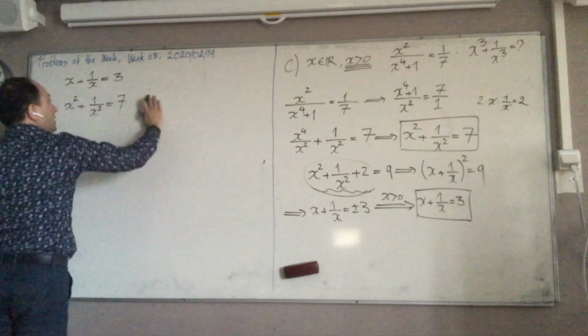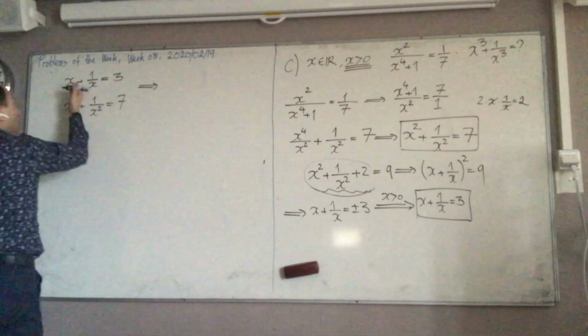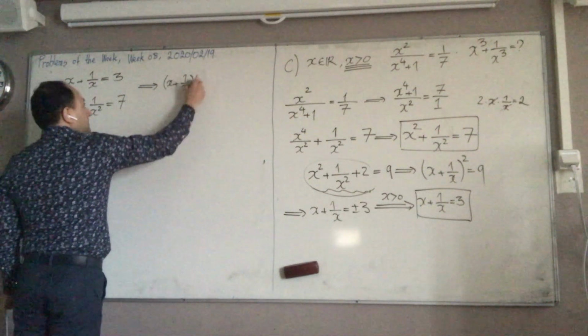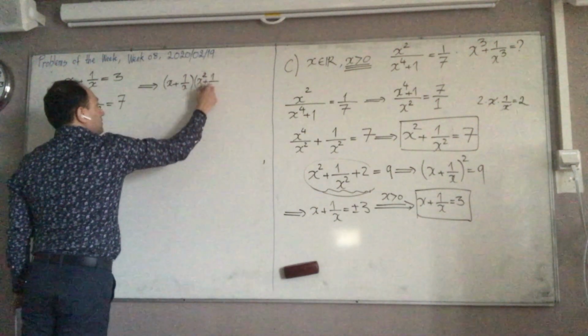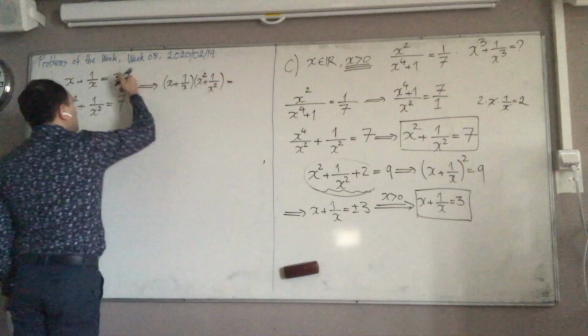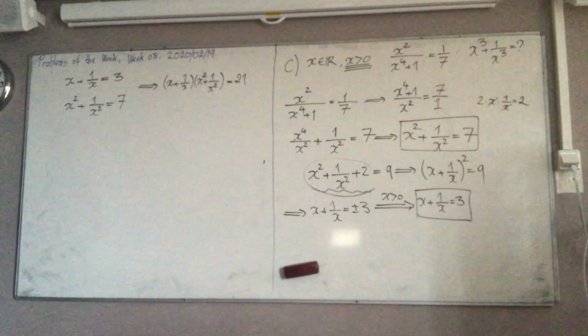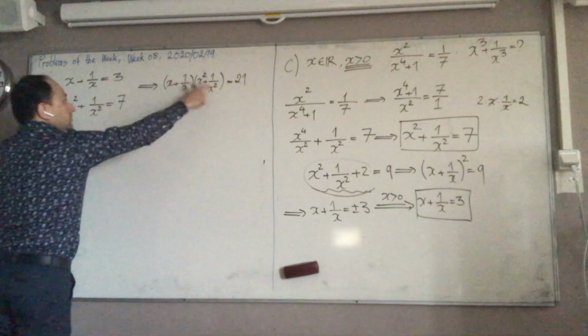So now I multiply both sides. I multiply this by that, so it becomes x plus 1 over x multiplied by x squared plus 1 over x squared. And if I multiply these two, it becomes 21. Yes? And then I start multiplying it.